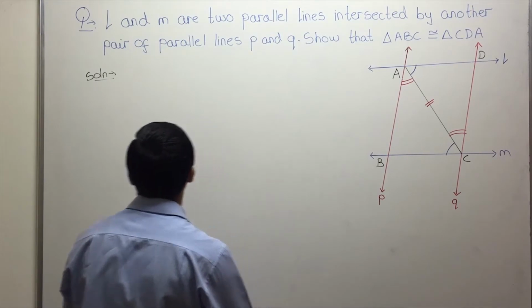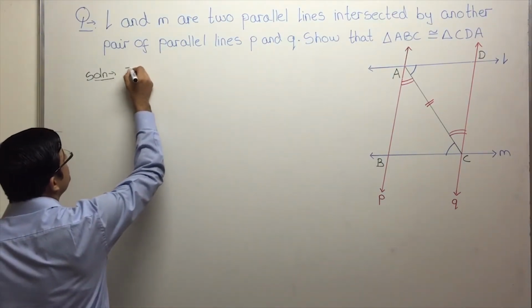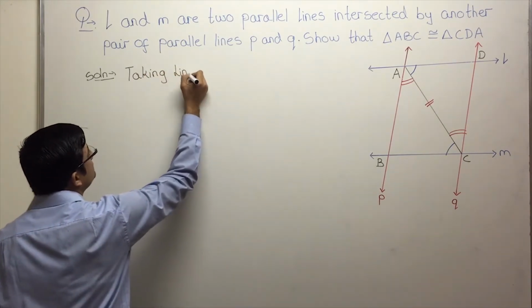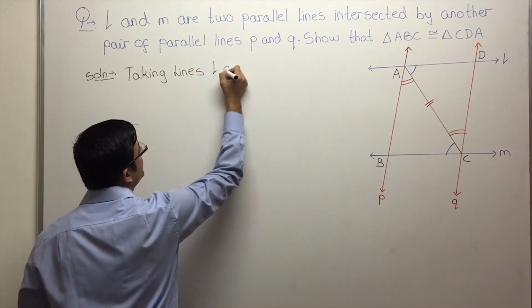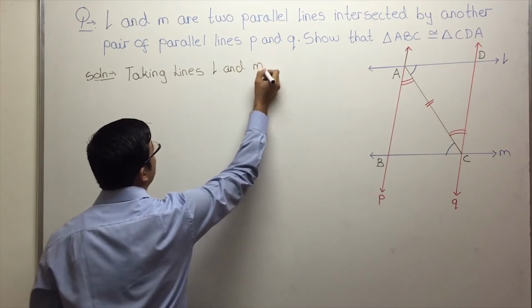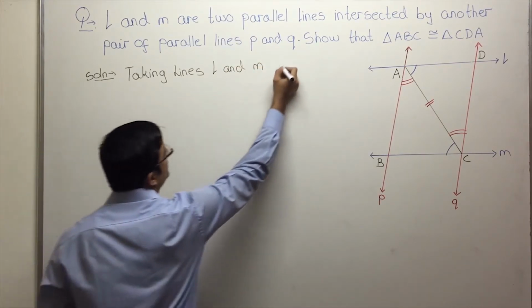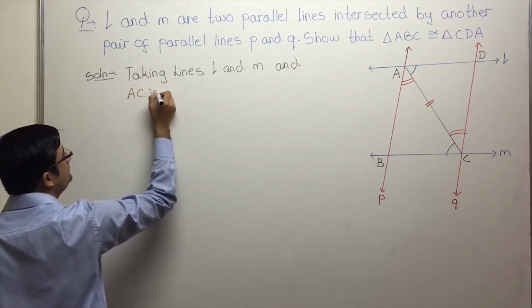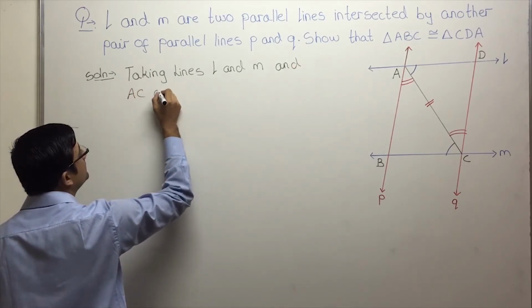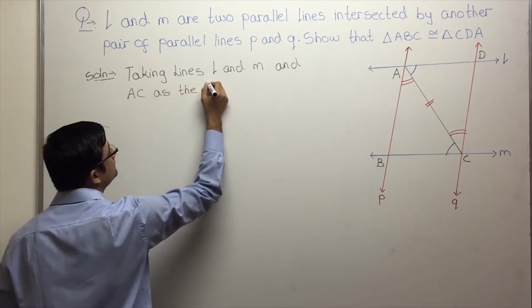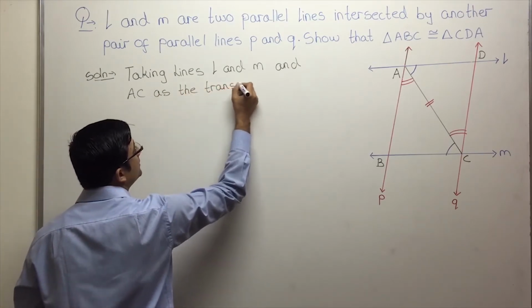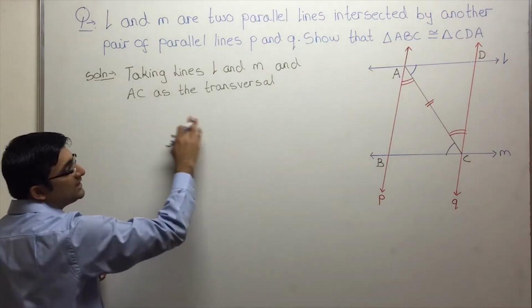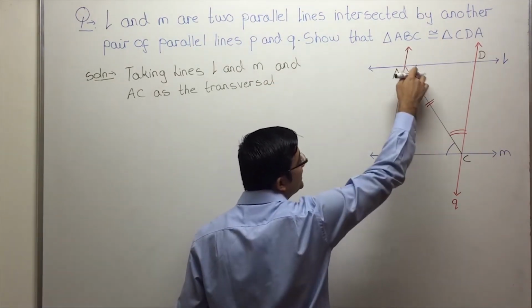So let's write it down. So taking lines L and M and AC is the transversal.